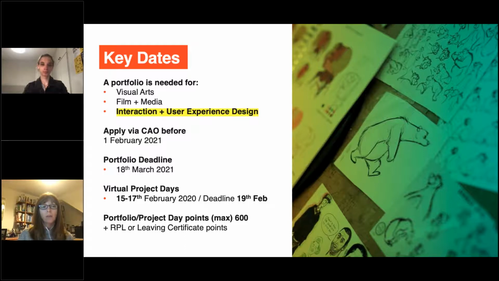So for the portfolio or the project day, you can score a maximum of 600 points. And then that's combined with, say, your Leaving Cert points, or if you're a mature student, your RPL, your prior learning score. And you'll find out more detail about that from admissions.